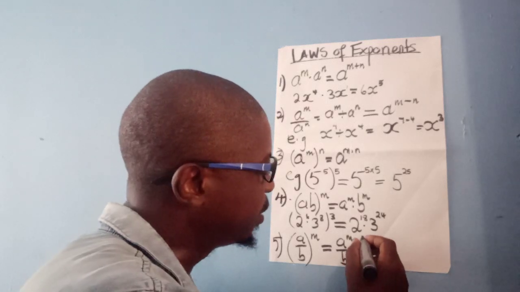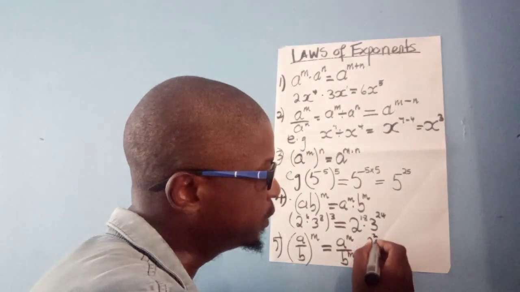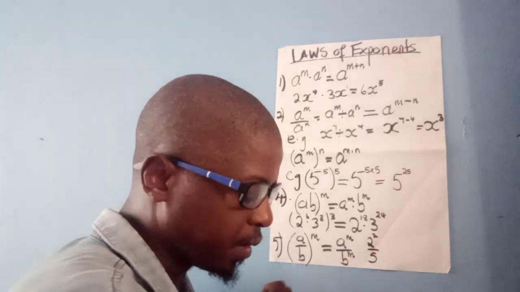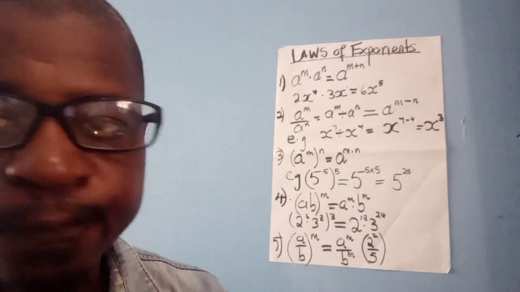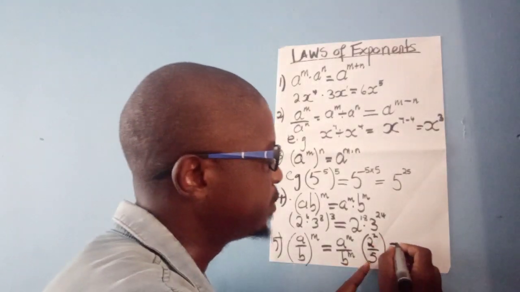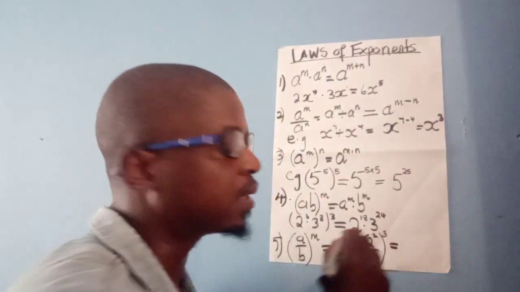For my example, I have 2 to the power of 2 over 5, all raised to the power of 3.